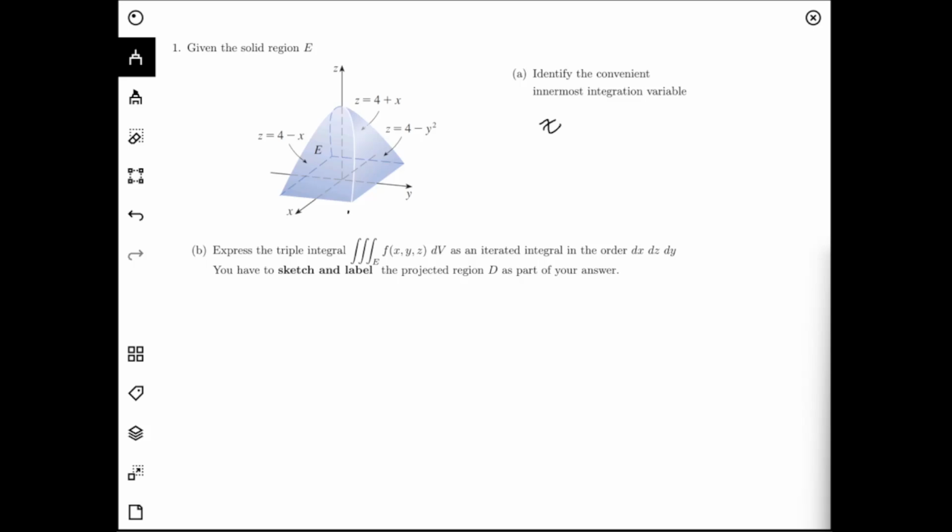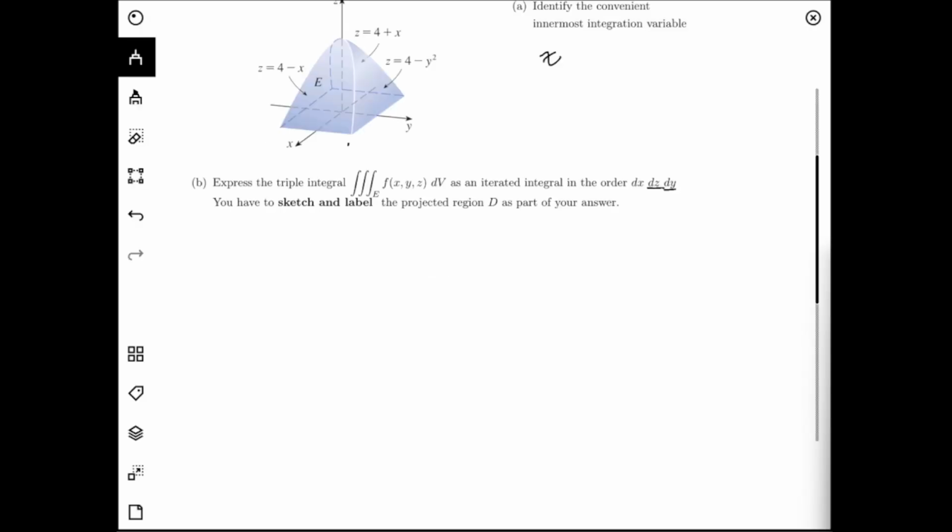Okay, let's express the triple integral as an iterated integral with x on the inside, dx dz dy. So dz dy is going to be what our projection is based off of, since those are the two outer ones.